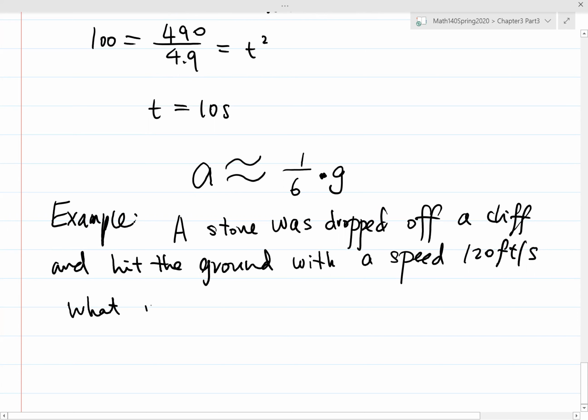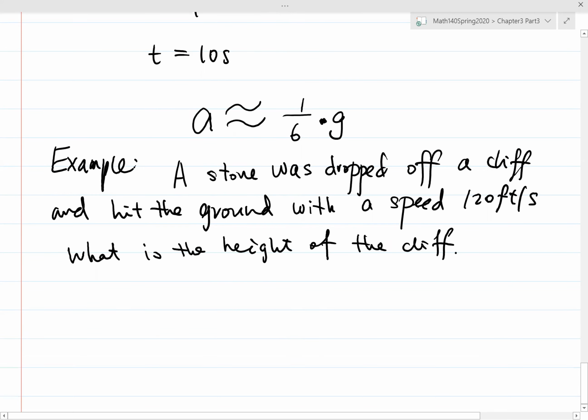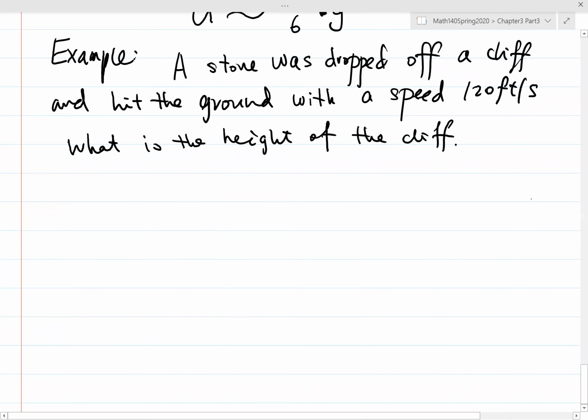The question is, what is the height of the cliff? Okay, now suppose this is the cliff. Now a stone was dropped off this cliff. Now it hit the ground. So this is the ground.